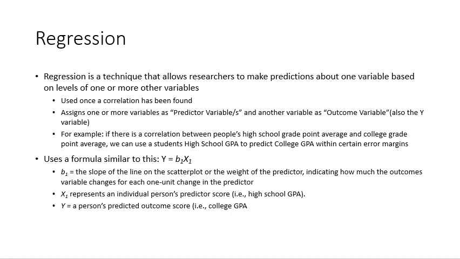So for each point that high school grade point average goes up, how much does college grade point average go up? That's the slope, and then X is just a person's score. So if we take this weight, this beta weight, and we multiply it times a person's score, we'll be able to have what their college grade point average would be.